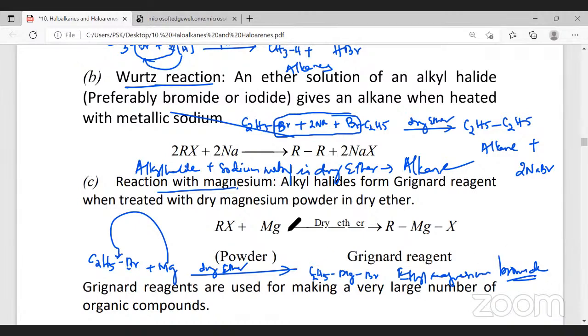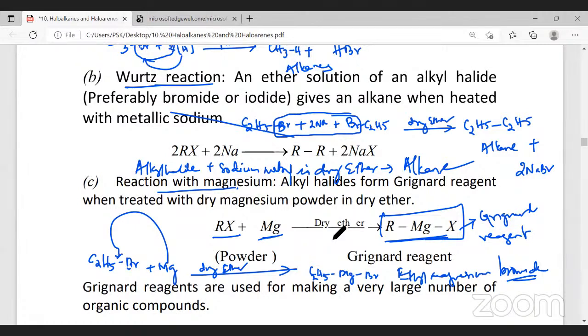Yes, sir. And you can see the general reaction: RX, alkyl halide, will react with magnesium. You get RMgX. This RMgX is called Grignard reagent, the general representation of Grignard reagent. Grignard is a person. The importance of Grignard reagent is that the scientist Grignard got a Nobel Prize for this discovery because using Grignard reagent, we can prepare any organic compound.